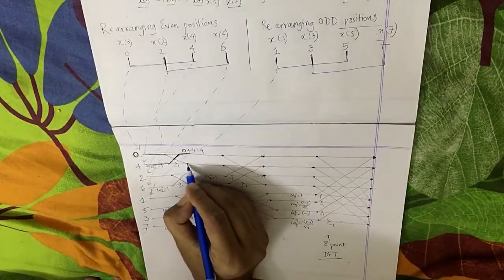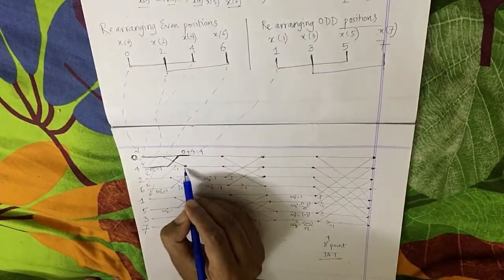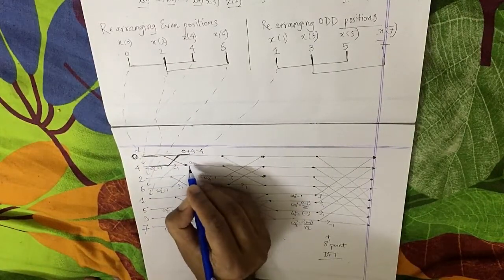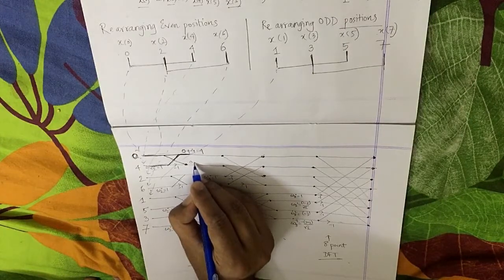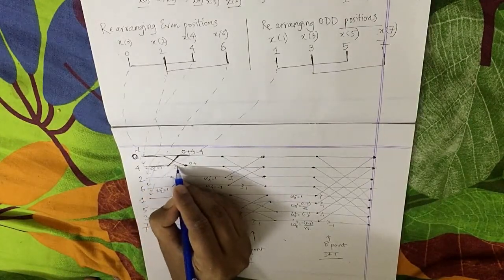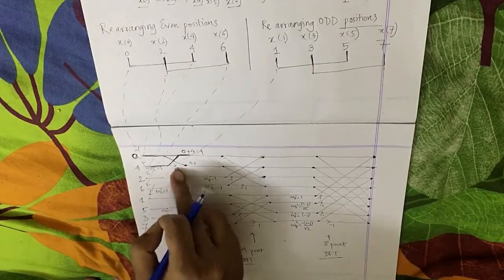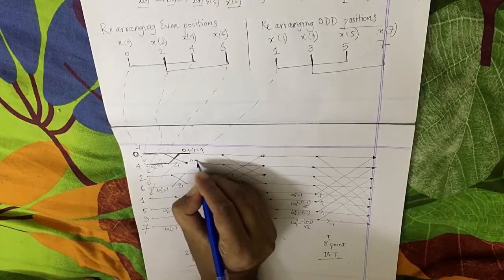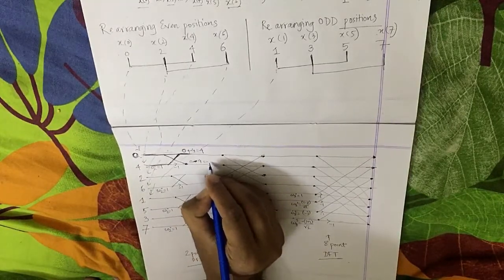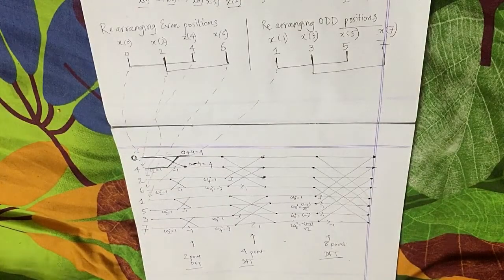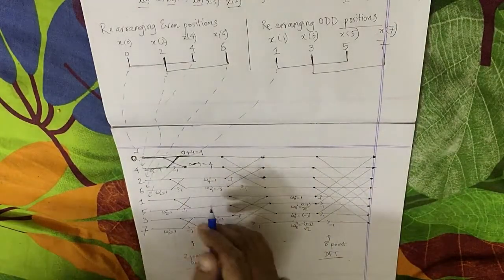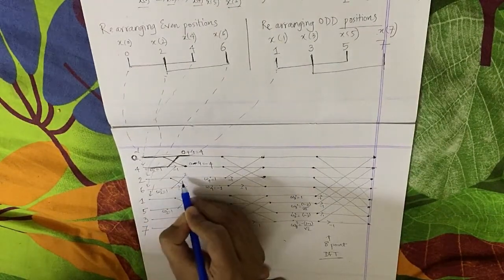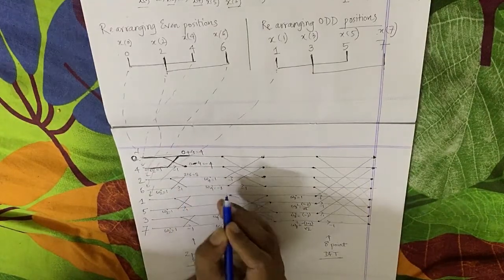What about this place? At this position, what will we have? The 0 comes like this, and the 0 should be added with 4 that comes in this place, and it gets multiplied with minus 1. 4 multiplied with minus 1 gives us minus 4. So 0 minus 4 gives us minus 4. Right? So this is how we get the value here. Same goes for this one as well. This 2 getting added with 6 gives us 8.